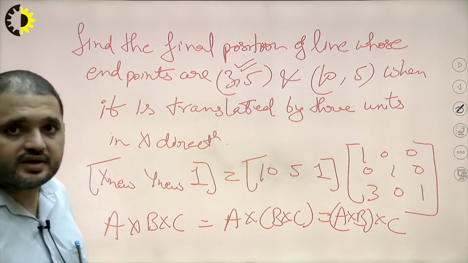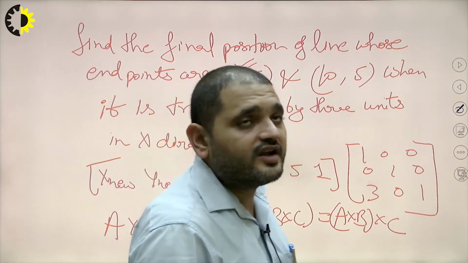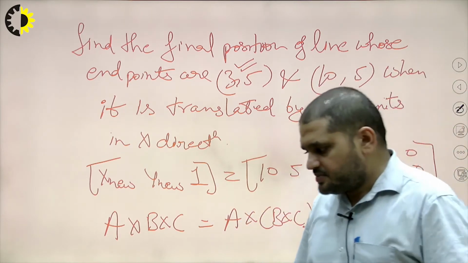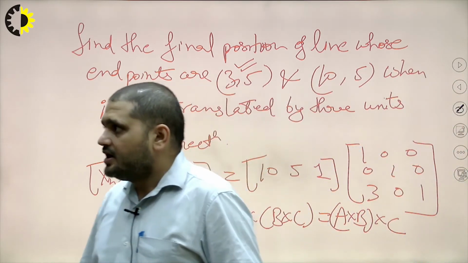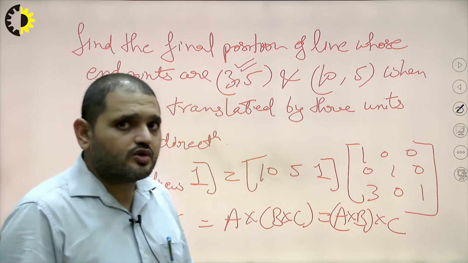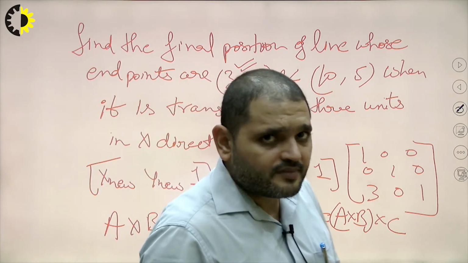So this is a concatenation rule. We will find the matrix for each step of the transformation one by one, and multiply all those matrices to get the new coordinates of the point after transformation.